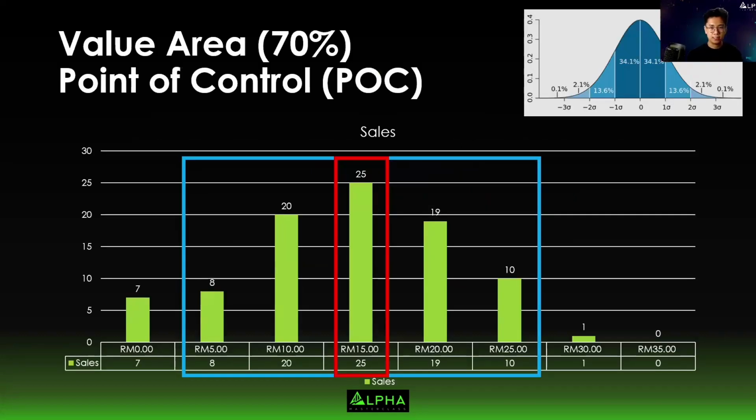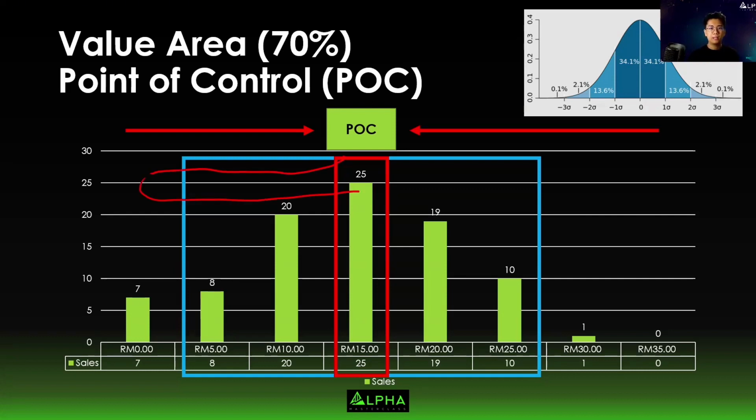How this works is, over here, you can see the data is like this. The one that has the most sales is what we call the POC, the best. And for the area in between, if the price drops from POC, too cheap, it will bounce back in. If the price is too expensive, it goes up and then bounces back in.